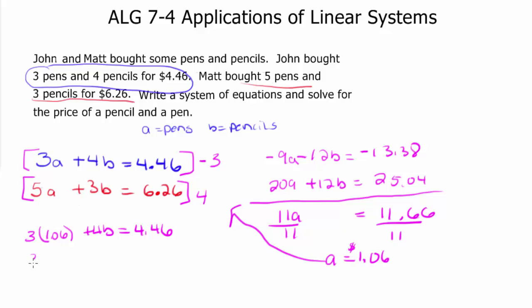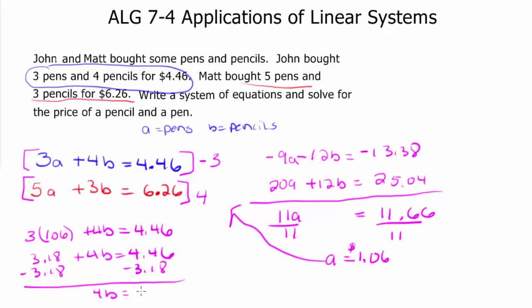So this is 3.18 plus 4b equals 4.46. So then we're going to have to subtract the 3.18, subtract the 3.18. So 4b equals 4.46 minus 3.18, which is equal to 1.28, divided by 4.